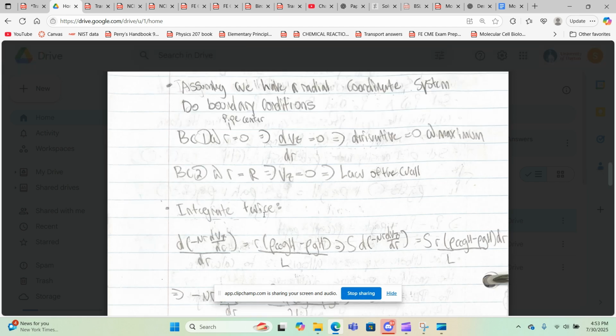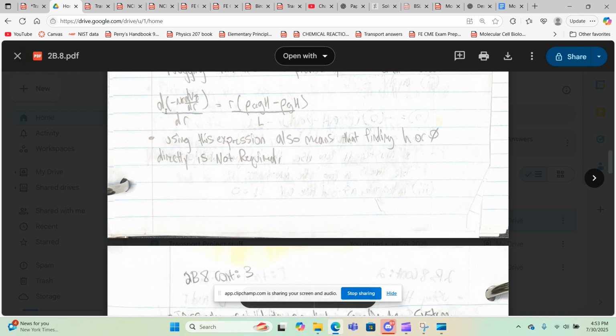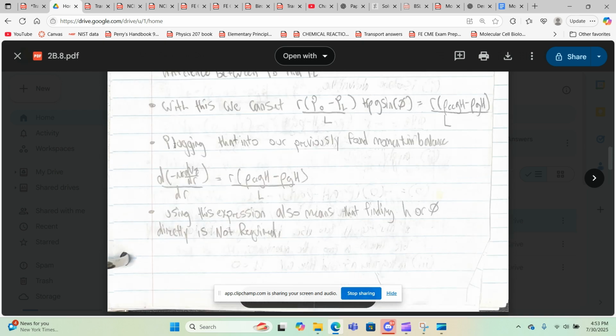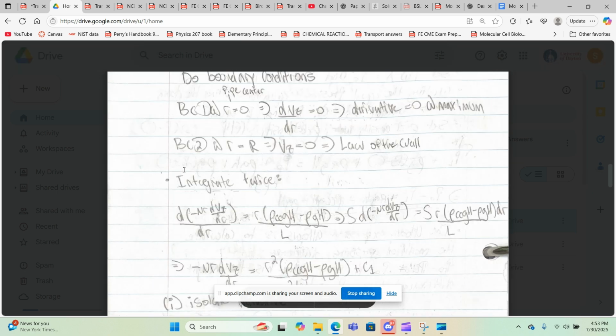So now we're going to integrate this equation twice. So separate and integrate first, multiplying the dr over. The integral of dx is just x, so the integral of this is just going to be this.